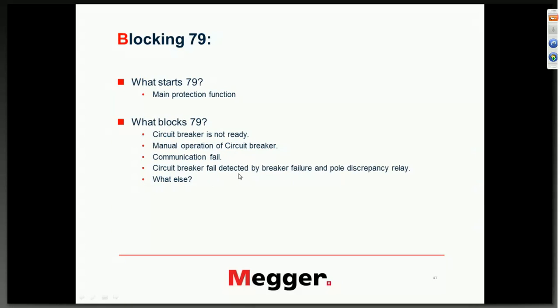So that could also cause blocking of your 79 function. Usually I ask you guys what might be other things that are blocking the 79 function, but in this case I cannot ask you a question directly. So this could be an interlock. If there is an interlock in your system, that could also block your 79 function.